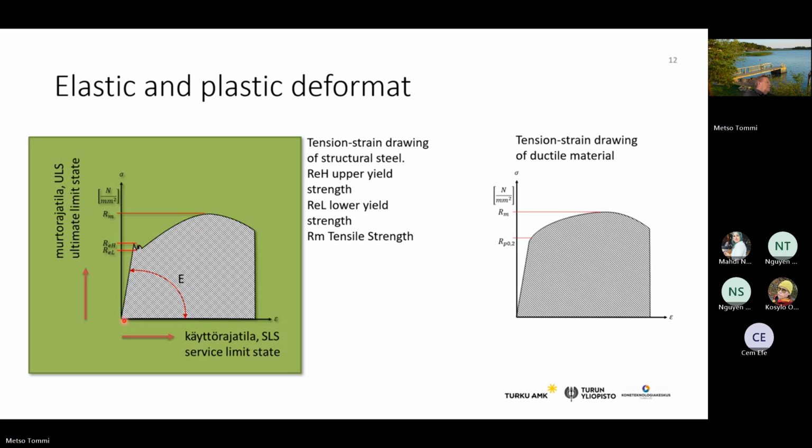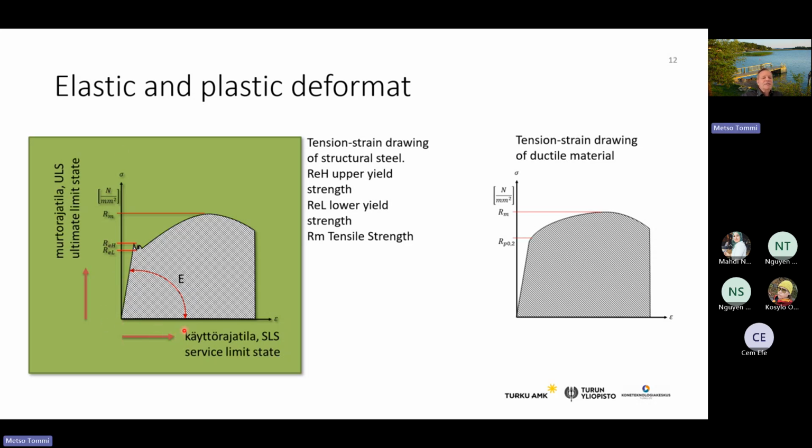And actually, most design is done by this service limit state. So when we are designing a structure, we decide how much, for example, this table can bend when we put 100 kilos on it. And of course, the table can take much more force if we are using the ultimate limit state.